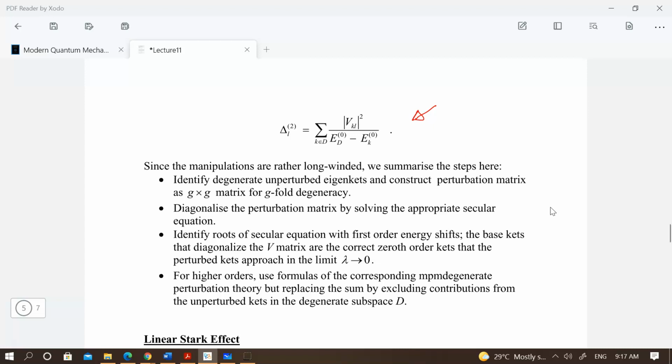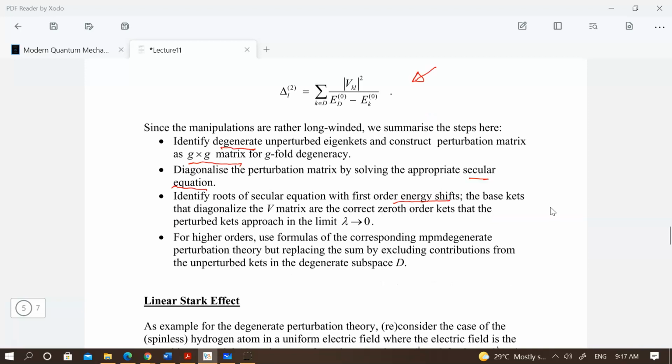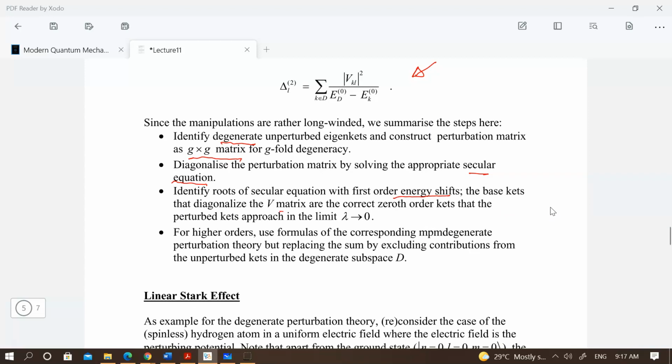So the idea is to identify the unperturbed eigenkets which are degenerate. You have to check the level of degeneracy. In this case, if you have a G-fold degeneracy, then you should be diagonalizing this G by G matrix. Solve the secular equation to get the eigenvalues, which are now in terms of energy shift. And then you diagonalize your V matrix so that you don't get off-diagonal terms.